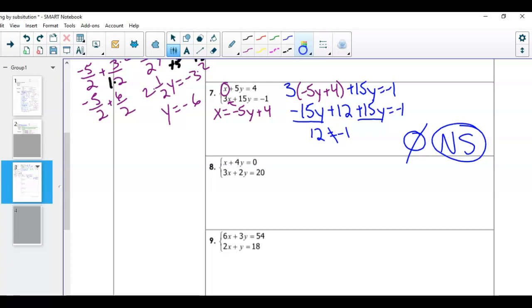Okay, and then for number 9, I see that I have this y by itself.